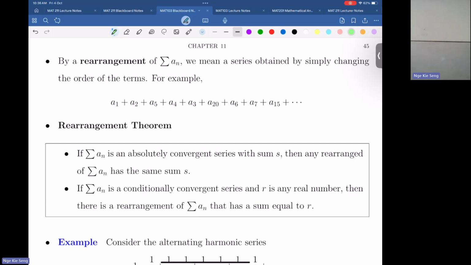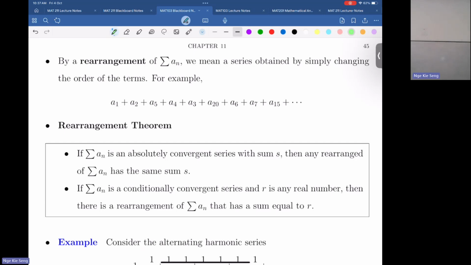You can take a sum up to r, or maybe a little bit more than r. Then you can start to take negative terms to bring it back to r.